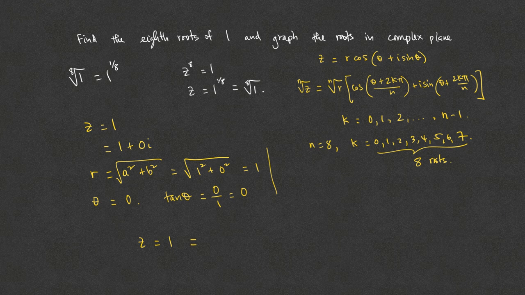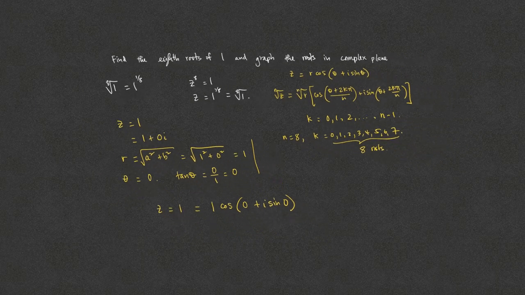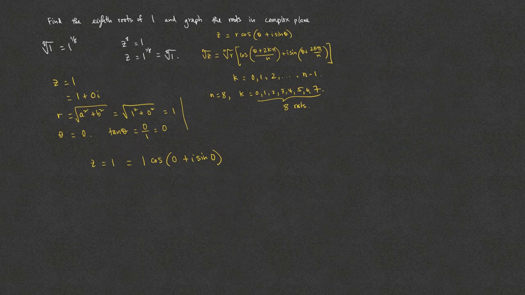In polar form, it is 1 times cosine of 0 plus i sine of 0. Don't simplify it, even though sine of 0 is 0, because we will need this to use the formula for the n-th root of a complex number.